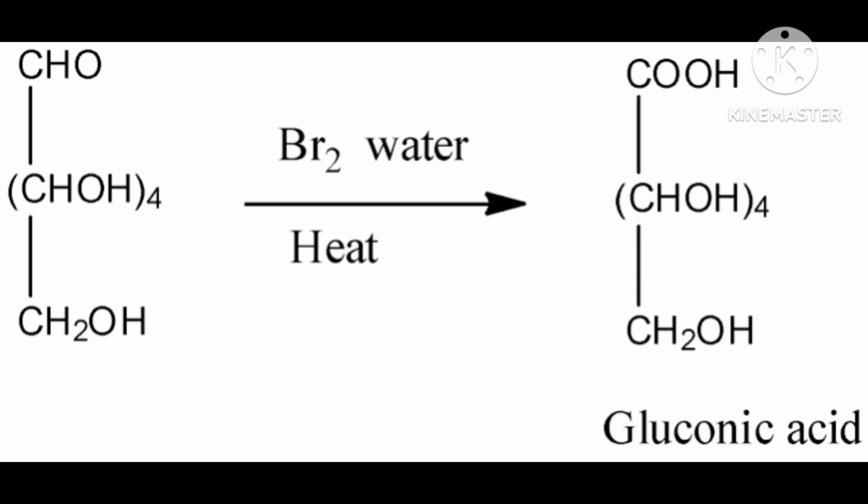The first carbon is an aldehyde group, CHO, not a carboxyl group. This is not an OH group, this is a CHO group. This is the correct representation of glucose. But what are the other two representations?